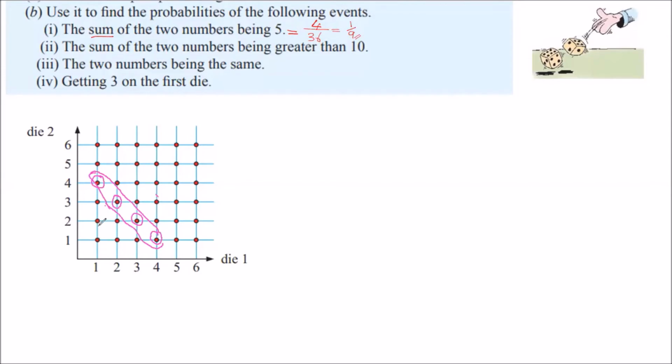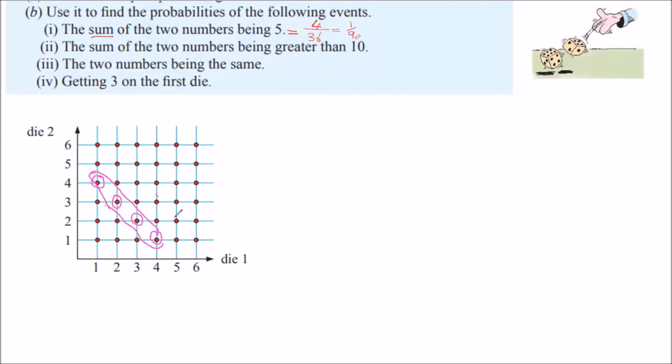In this outcome, 2 plus 1, 3, 4, 5, 6, 7. Next, 3, 4, 5, 6, 7, 8. Next, 4, 5, 6, 7, 8, 9. Next, 5, 6, 7, 8, 9, 10. Greater than 10. Therefore, we can't get this one.